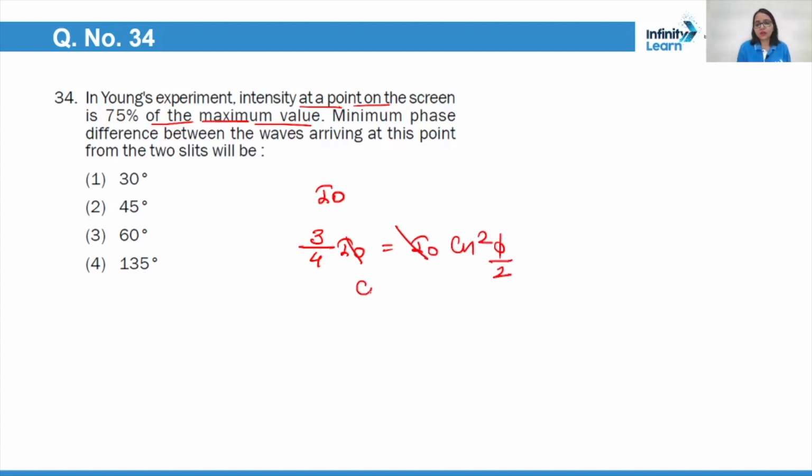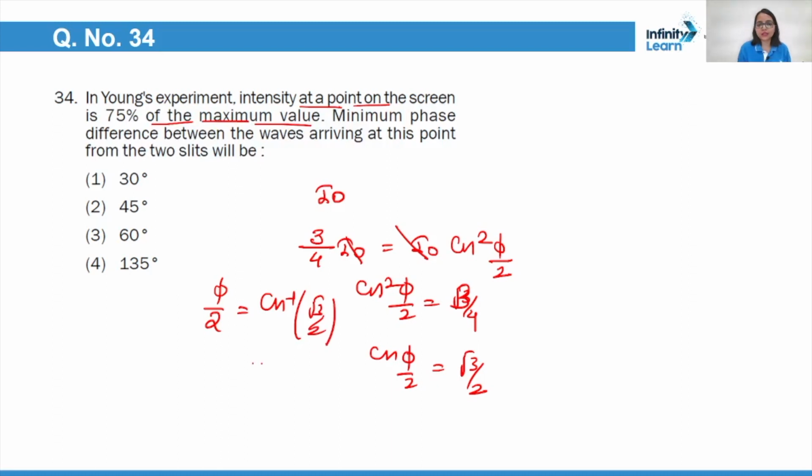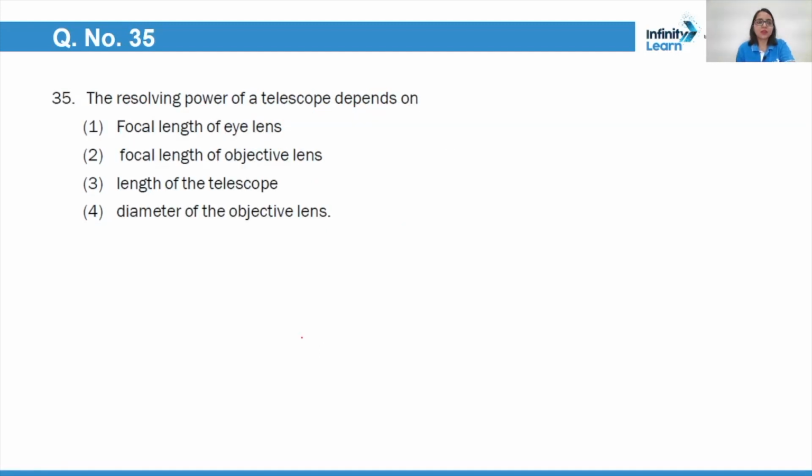So cos square phi by 2 will be 3 by 4, and cos phi by 2 will be root 3 by 2, right? So in this case, phi by 2 should be cos inverse root 3 by 2, and it is 30 degree, right? So phi by 2 should be 30 degree and phi should be 60 degree.